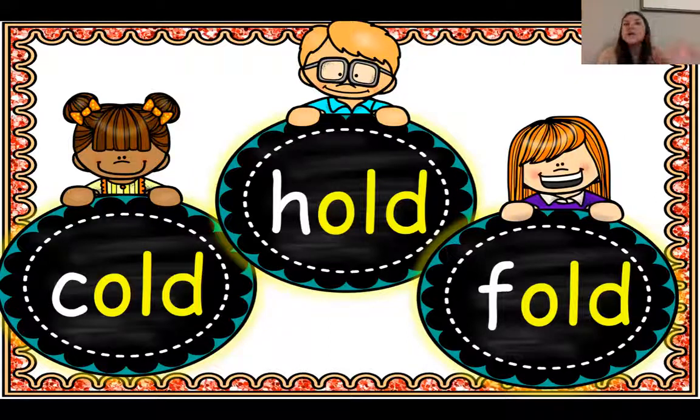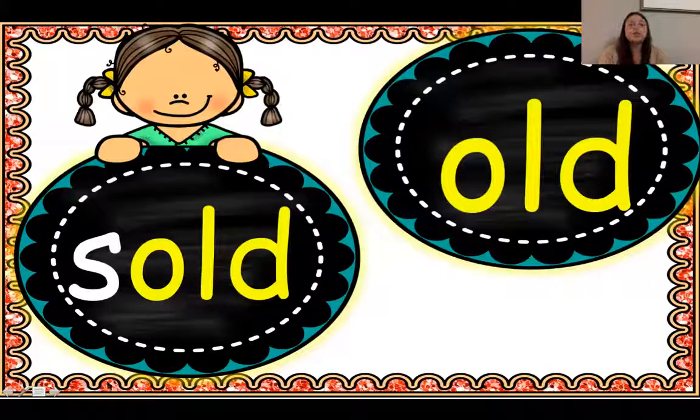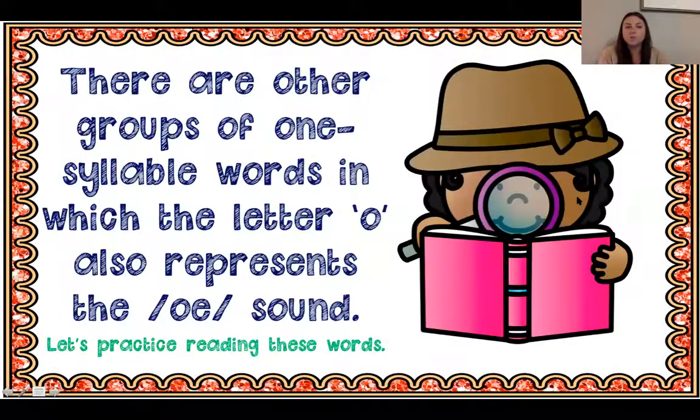Remember, I can use some strategies from kindergarten and first grade to stretch out these sounds. I can use my arm: old, folds. All of those are going to help me stretch out words. All right, here we go. Gold, bold, mold. Next one, sold and old.